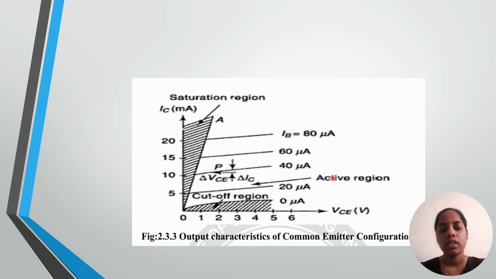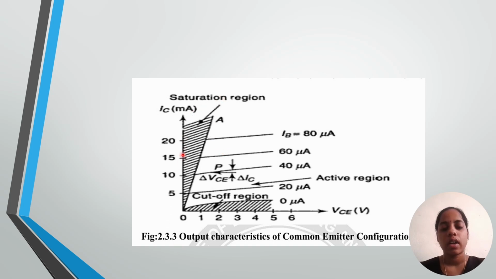Active region means the emitter base junction is forward biased and the collector base junction is reverse biased. Saturation means both the emitter base junction and collector base junction are forward biased.